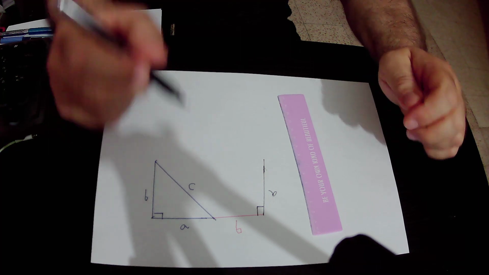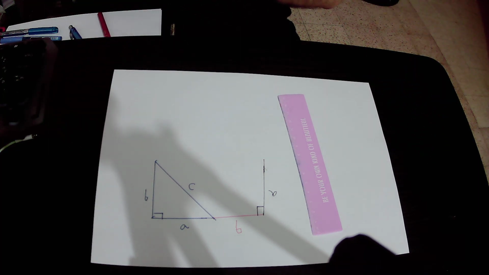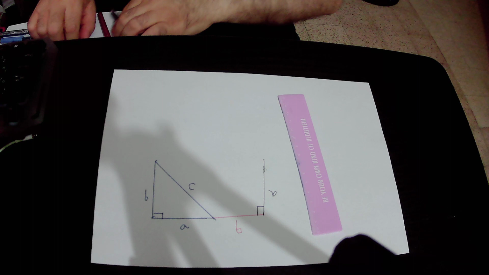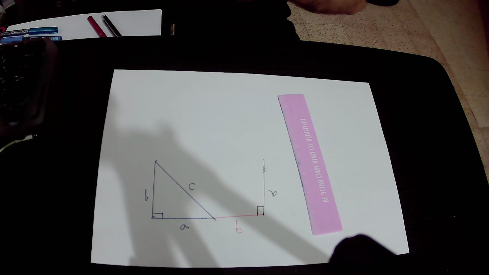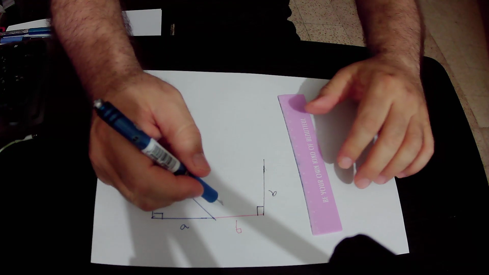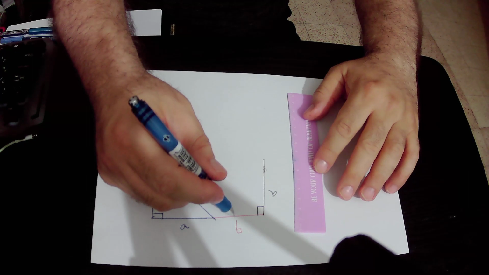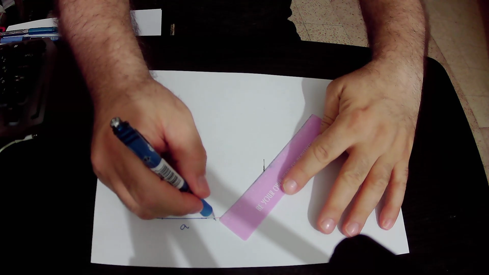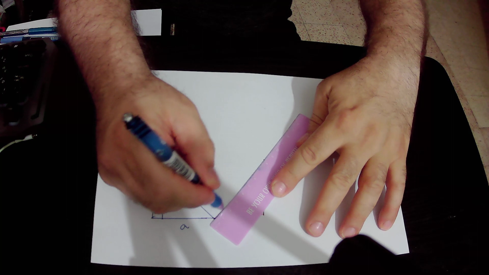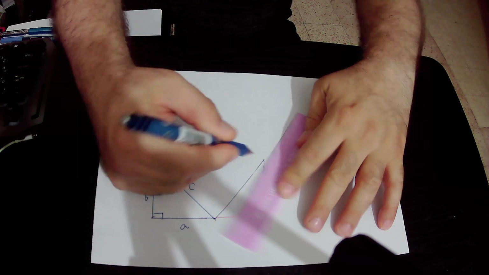Here we will draw a diagonal line between side A and side B, like this.